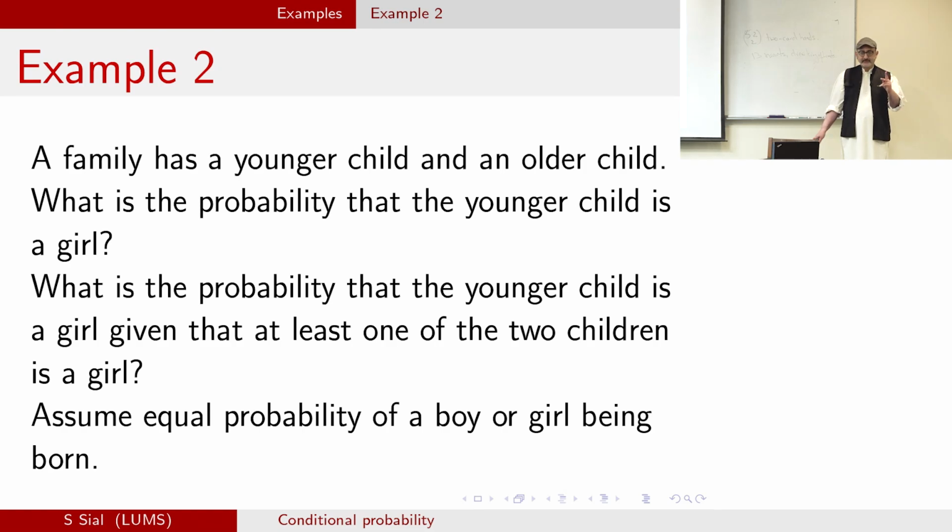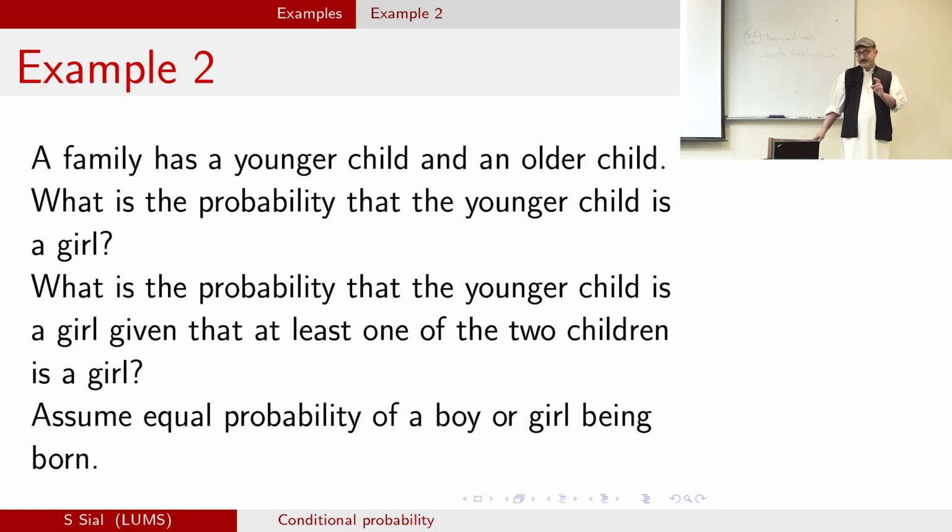So there are two children in a family. There's a younger child and an older child. Let's assume a 50% chance of boys and girls. What's the probability that the younger child is a girl? That's one question.